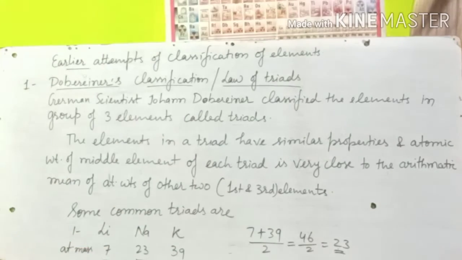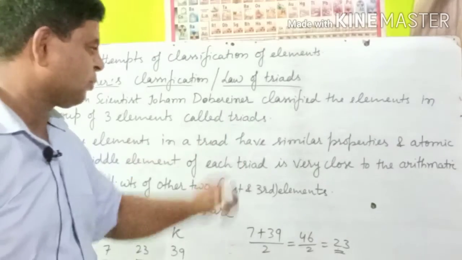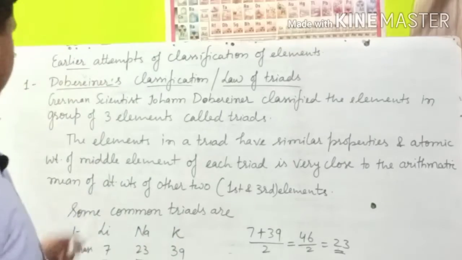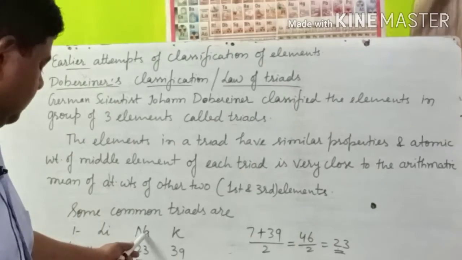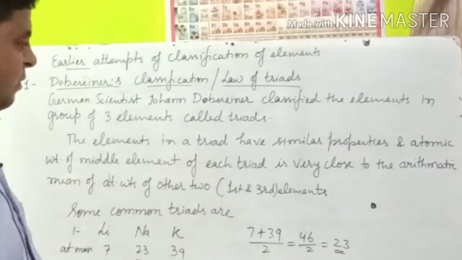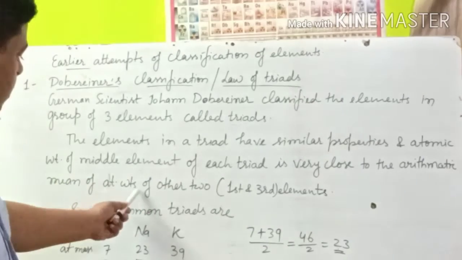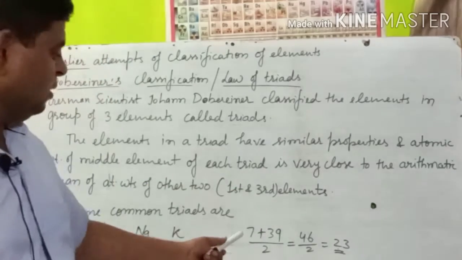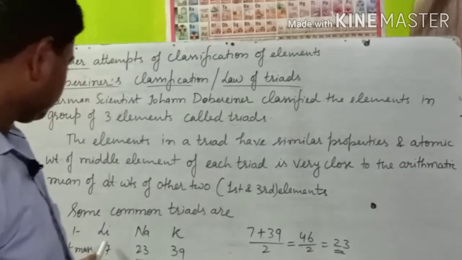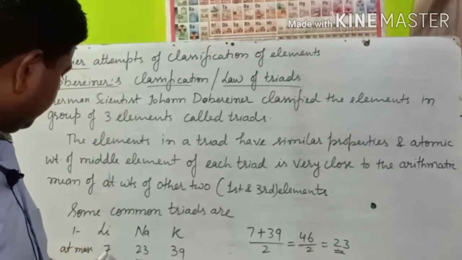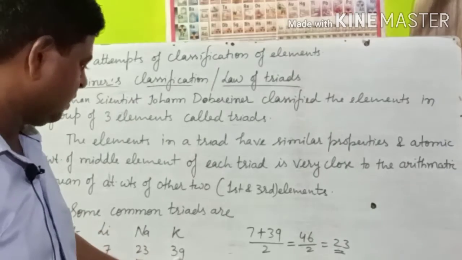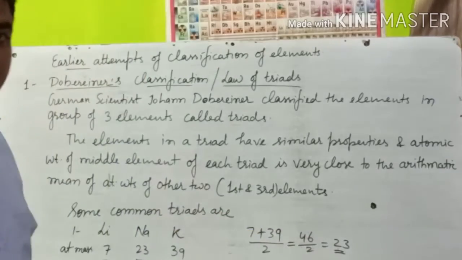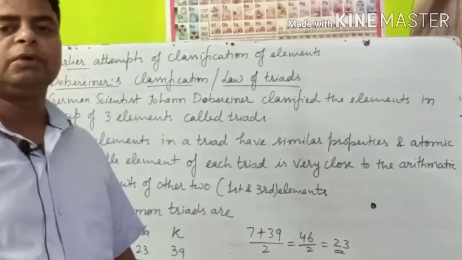The elements in a triad have similar properties, meaning the properties of lithium, sodium and potassium are similar, and the atomic weight of the middle element is very close to the arithmetic mean of the atomic weights of the first and third elements. The arithmetic mean of lithium 7 and potassium 39 is 23, which is equal to the atomic weight of sodium.